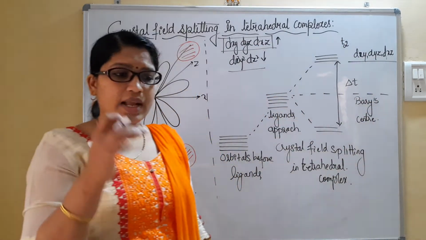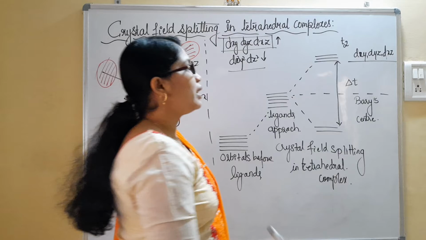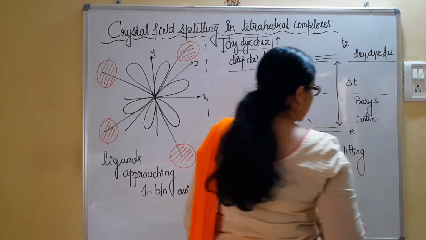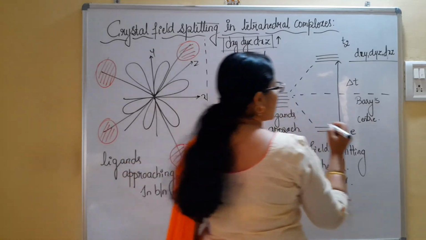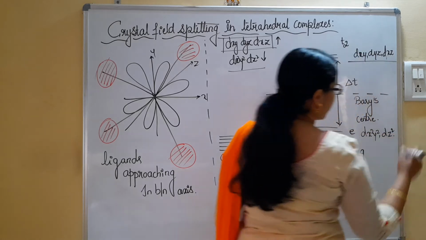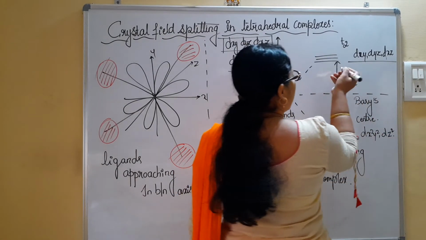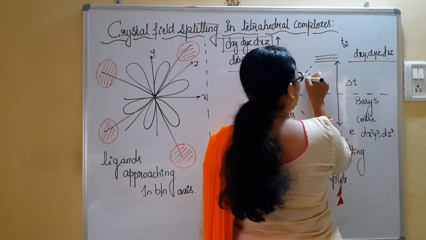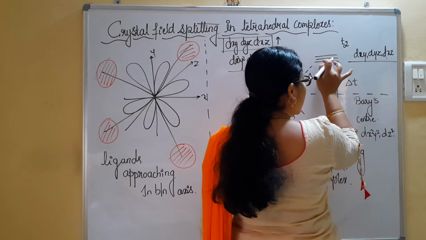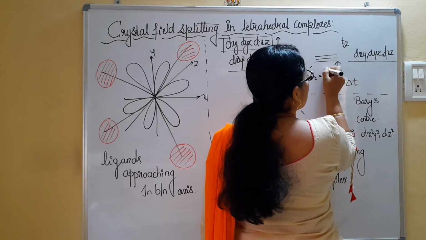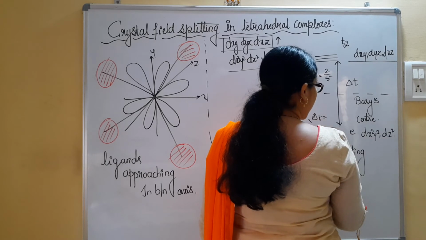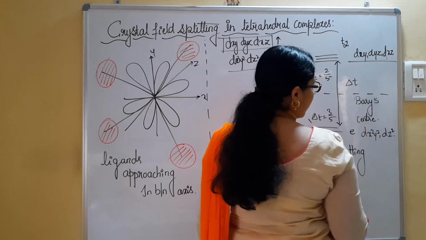Previously we used to mention T2g and Eg. Here we just represent T2, and the other set is represented as E. What are the orbitals present over here? dx square minus y square and dz square. Okay, and the tetrahedral splitting value is represented as delta T. Here, in the case of the 3 orbitals, we will be writing 2 by 5. Here delta T would be written as 3 by 5, right?